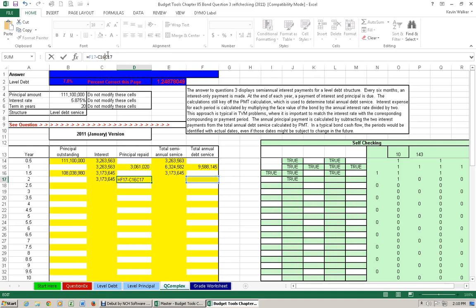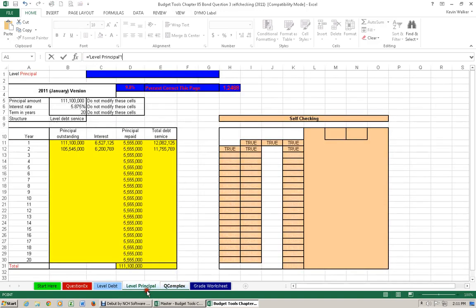Mistake there, don't need an underscore. All right. Now, the number comes up wrong, but it's because we're referencing a cell that doesn't actually have anything in it yet. This is what it's looking for. Now, since this is the same, remember we did this in the level principal. The principal repaid was always this.